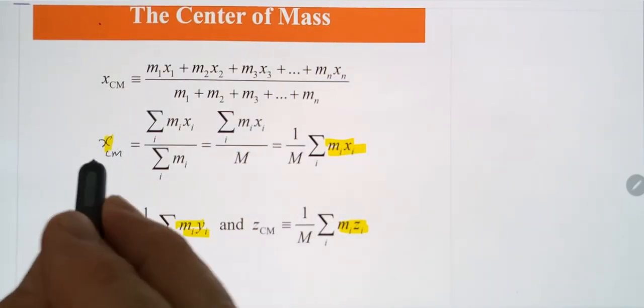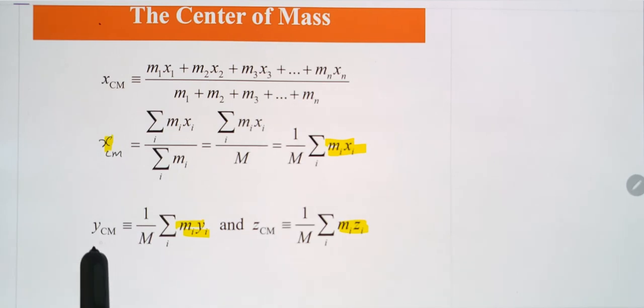Center of mass in the X, center of mass in the Y, and center of mass in the Z. It is the displacement from the origin, whatever origin you like.